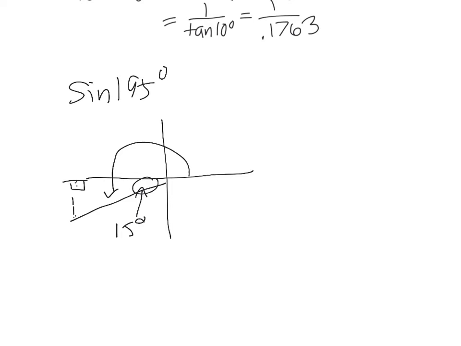So finding the sine of 195 is really the same as finding the sine of 15 with one difference. Because I'm in quadrant 3, the y-coordinate would be negative, so it's going to be whatever the sine of 15 degrees is, but I've got to put a negative sign in front of it. Well, now I can go to my table and do this. So it's negative. Let's go to 15 degrees, and the sine function is going to be negative 0.2588.